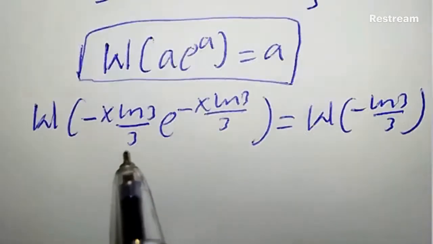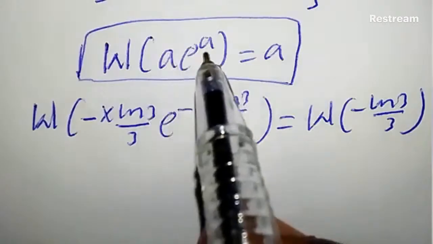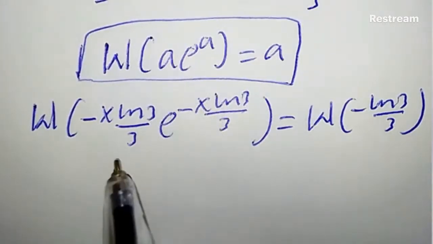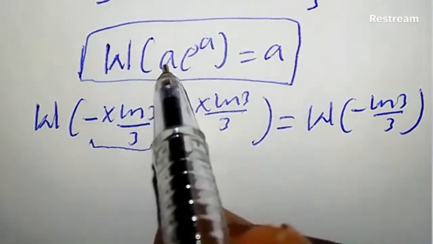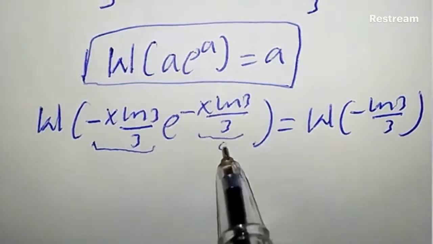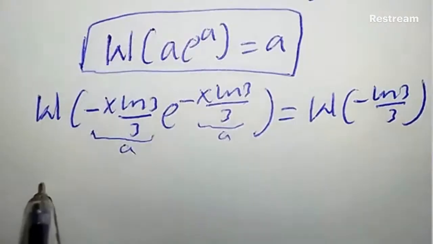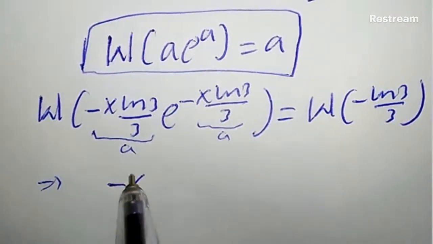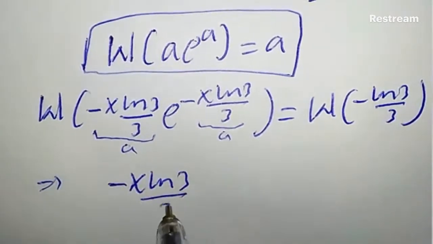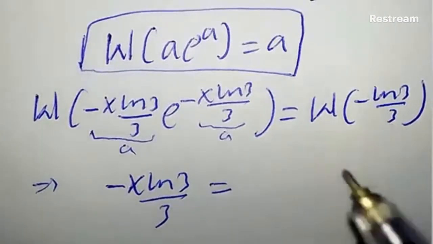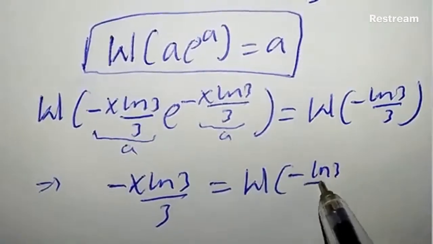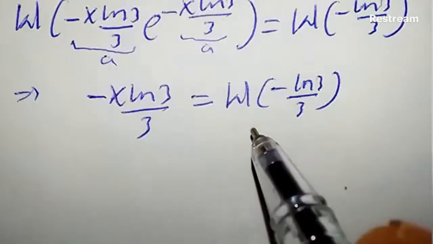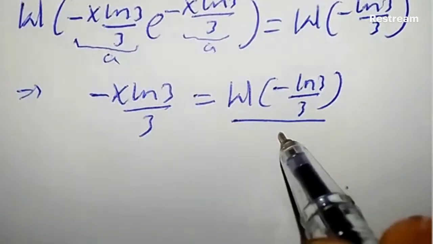You will observe that by comparing this left hand side with this, negative x ln 3 over 3 is a. This implies that negative x ln 3 over 3 is equal to W of negative ln 3 over 3. This whole thing is over 1.